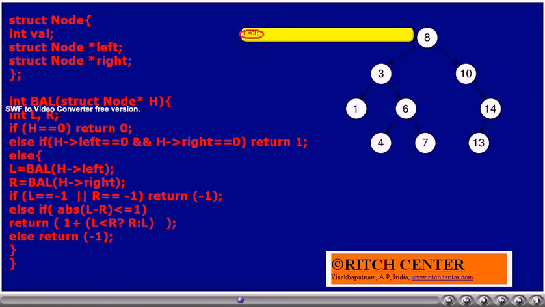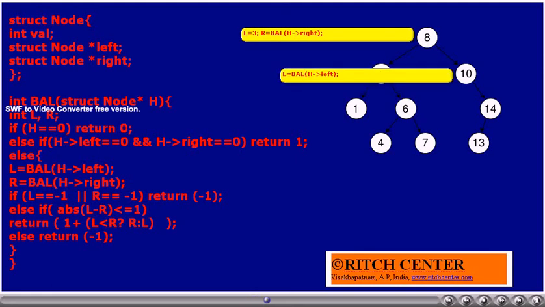And also the left subtree of the root node is balanced. Now we need to traverse the right subtree of the root node. Thus R is equal to bal H arrow right is called.